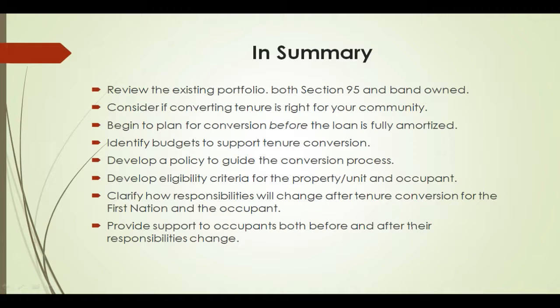We need to start identifying budgets that would support a tenure conversion. For those of you with your Section 95 portfolio, fingers crossed that your replacement reserves are fully funded, because this will be where we now hit the replacement reserve to make sure we've done anything that we can to that house that's an eligible item under the replacement reserve fund, so that the day we convert the tenure and the band member becomes a homeowner, we know the condition of that home was the best we could afford it to be.